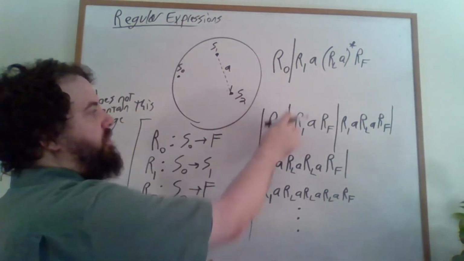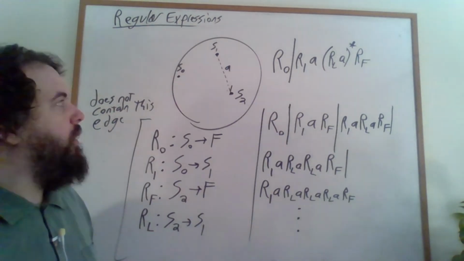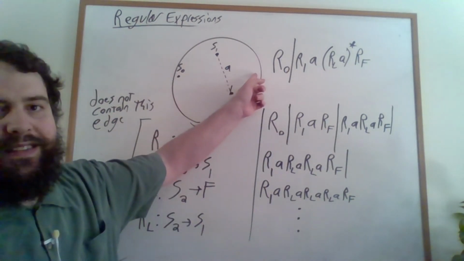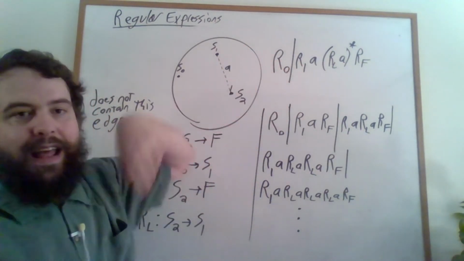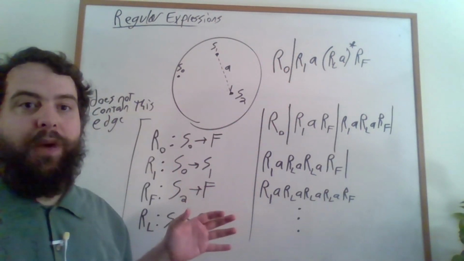And then, of course, there's still this possibility R0, where we go from S0 to the end state without passing through A even once. So we need to include that as a separate part of our regular expression.